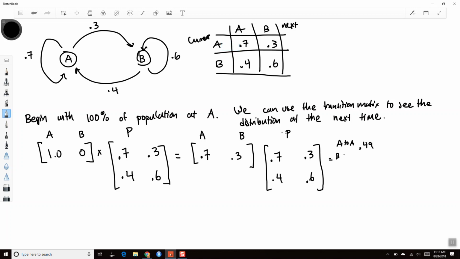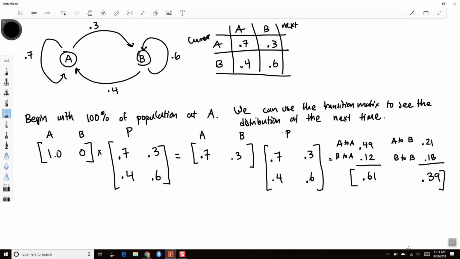And B to A will be 0.3 times 0.4, 0.12. And then A to B will be 0.7 times 0.3, 0.21. And B to B will be 0.3 times 0.6, 0.18. And so at time 2, the distribution is 0.61 and 0.39.